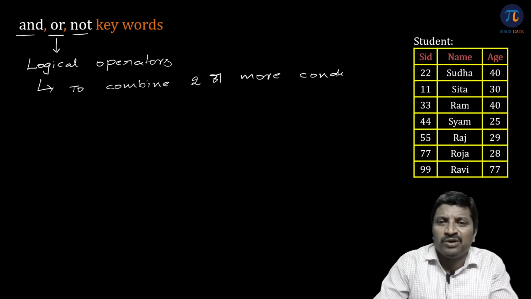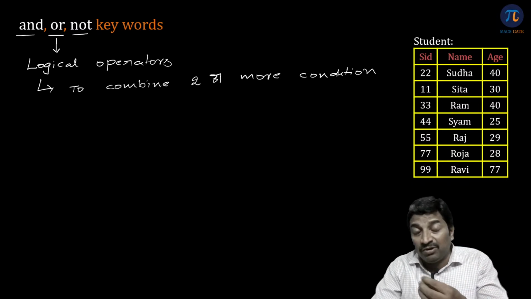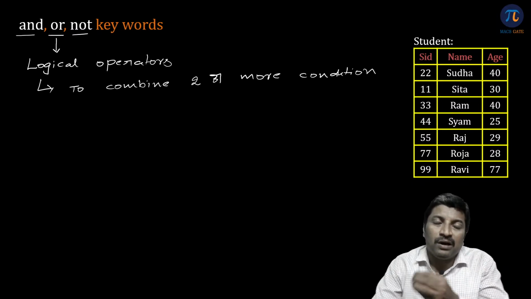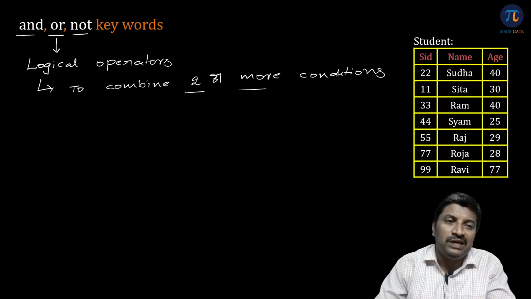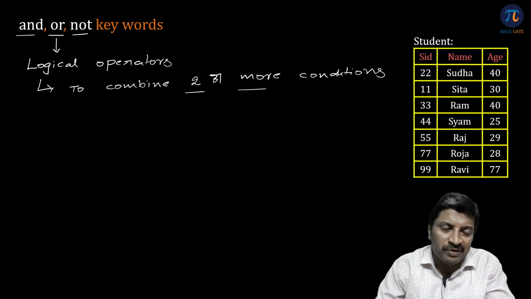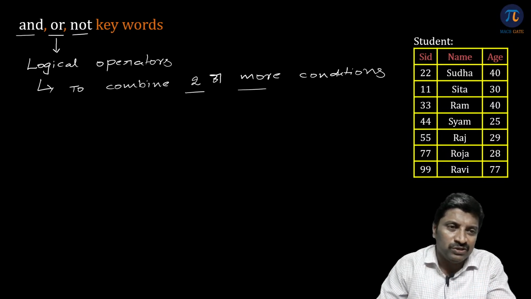In the previous example, we have only condition on age. Sometimes I may have condition on name also, or I may have a condition on department also. Like that, whenever I have two or more conditions, I need logical operators to combine those conditions. Hope you know the meaning. C1 and C2. My intention is this is condition 1 and this is condition 2.